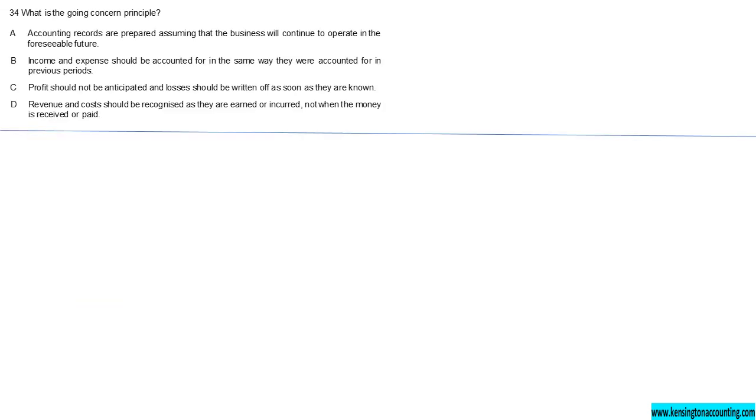Question 34 is about accounting principles, and we have been asked what is the definition of going concern principle. So let's look at its definition.